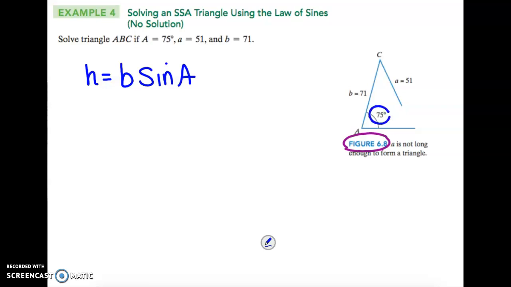Here's angle A, and here's side b. So the height equals 71 times the sine of 75 degrees. And then we type that into our calculator. Please make sure you're in decimal form.